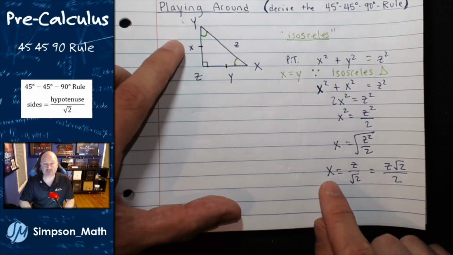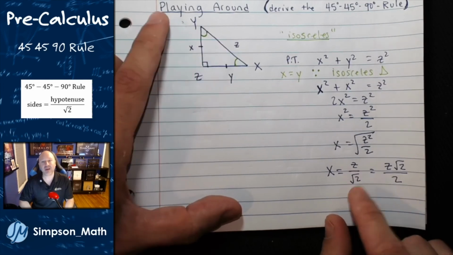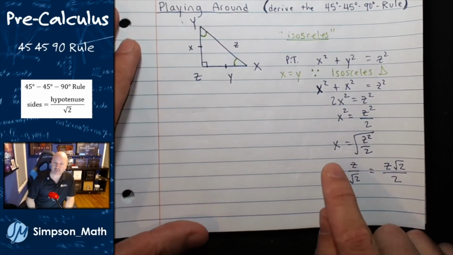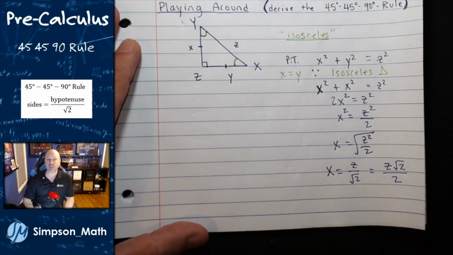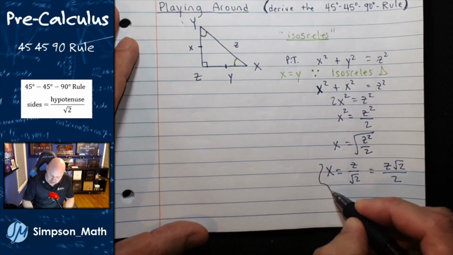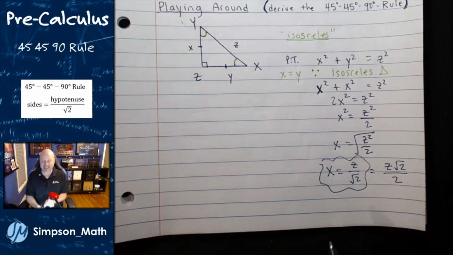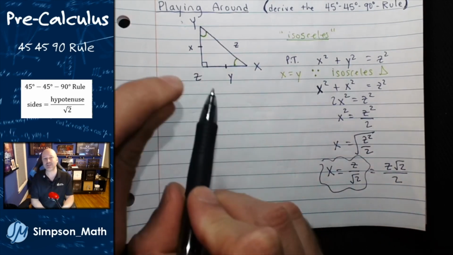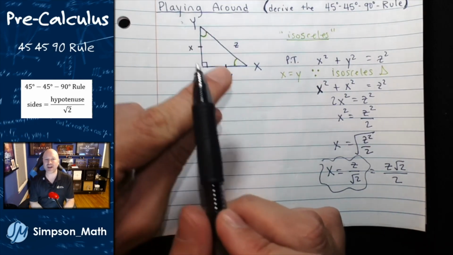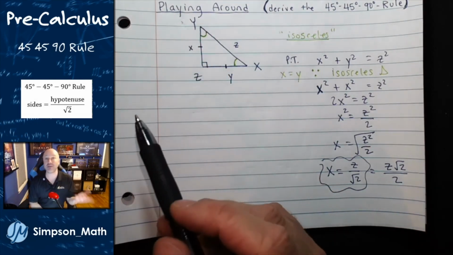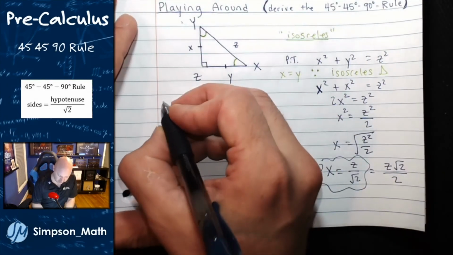The side lengths are equal to the hypotenuse divided by the square root of 2. So I'm going to take these variables and rewrite them in English, because this alone is not quite strong enough to say that's a rule, because x and z are very dependent on this picture. But like I said earlier, you may not have x's and z's. You may have a, b, and c. So I'm going to put this in a more formal writing.